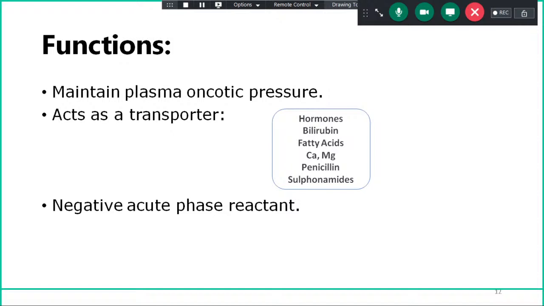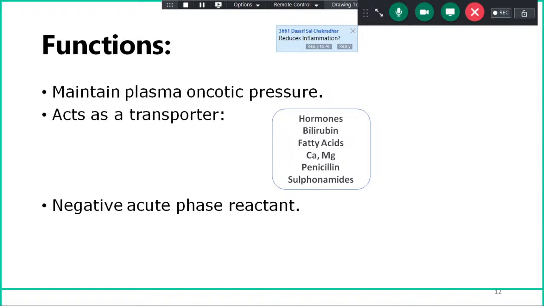Then it is also a negative acute phase reactant. So this might be a new term for you all. The acute phase reactants are certain proteins that increase or decrease during the inflammatory process. Inflammatory process is seen when the body is having certain infection.